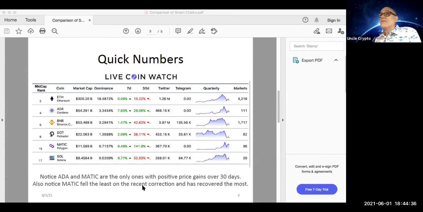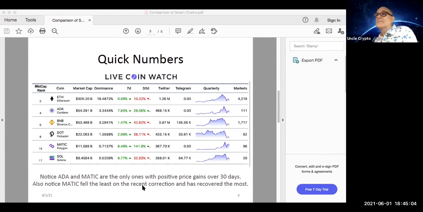And so now the next thing we can look at after dominance is how has it done for the last week and how did it do for the last month? Now, as I told you, I got up at 4:30 in the morning, so this data was captured somewhere around 7 or 8 o'clock in the morning. So it may be different if we look at Live Coin Watch tonight. But this is what we had. And at the time, there's some very interesting things here.